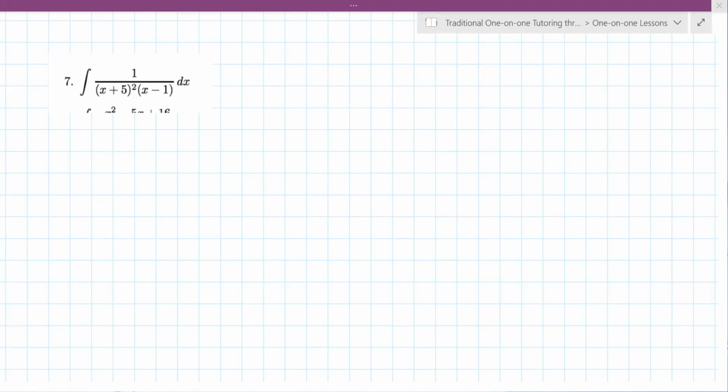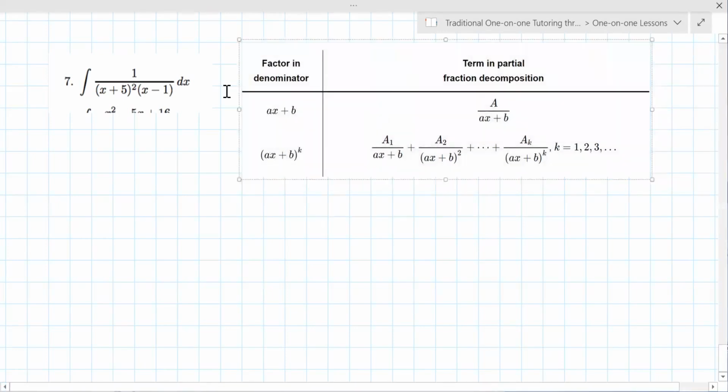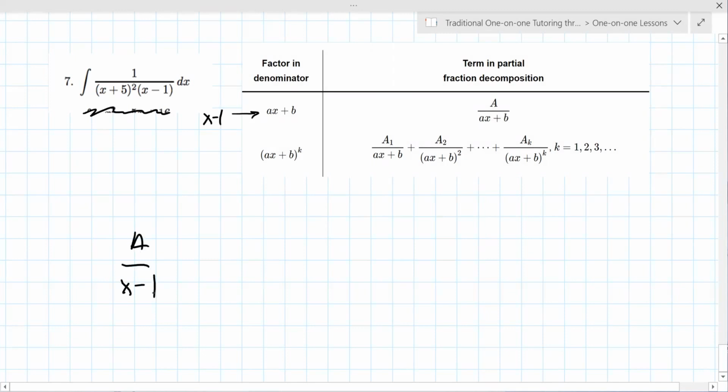All right, so look at this chart here on the right again. Do you see that the x minus 1 is this type? So you would do A over x minus 1. The x plus 5 squared is this one down here, and your k is 2 in this case.